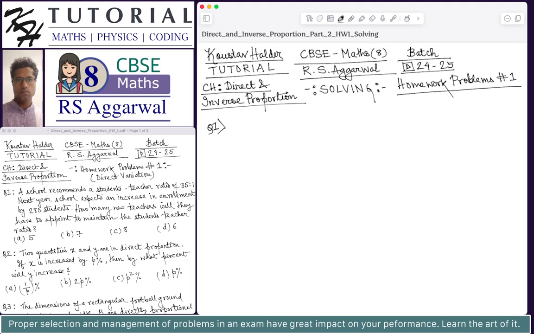So let's say x denotes the number of students in the school, and let's say y denotes the number of teachers in the school.